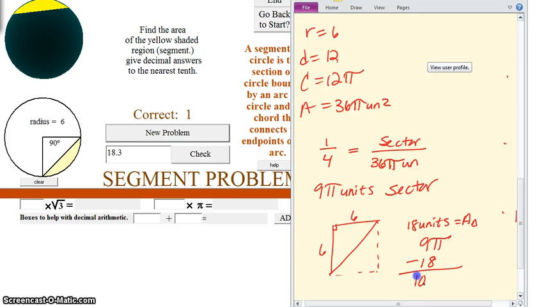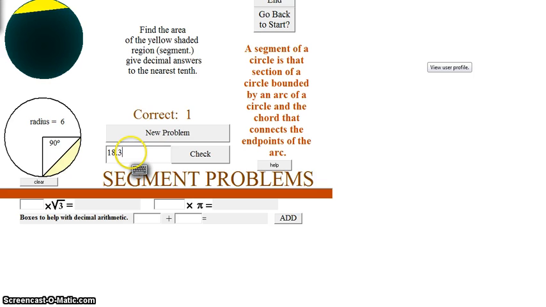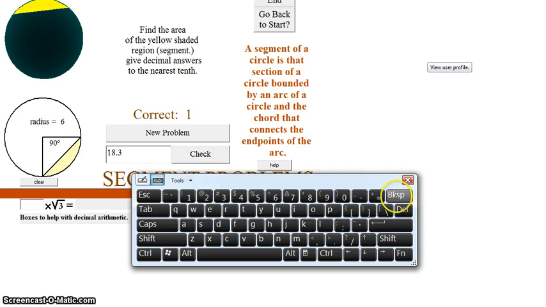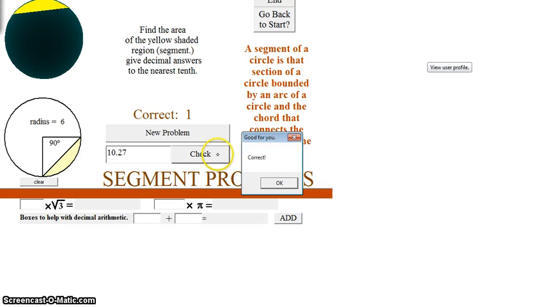$10.27. Oops. Well, it took it to the hundreds place.